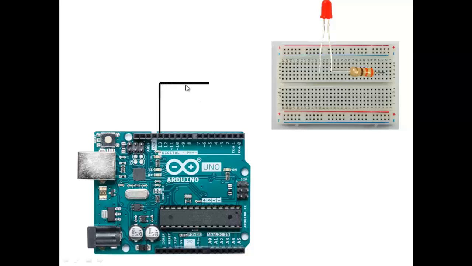Connect pin 13 of your Arduino board to the longer lead of the LED. Now connect the ground pin of your Arduino board to the negative rail of the breadboard. Connect one end of the 330 ohm resistor to the negative rail of the breadboard.